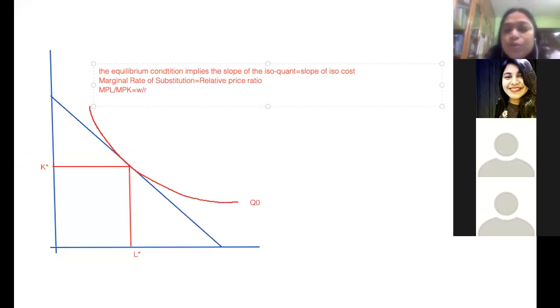Because both of them are downward sloping, the negatives cancel from both sides. So we have MPL by MPK equal to W by R, right? So this is what we have. We can rearrange this.